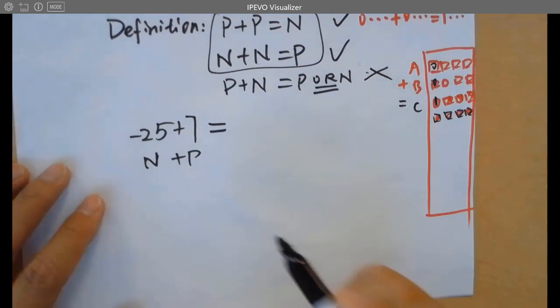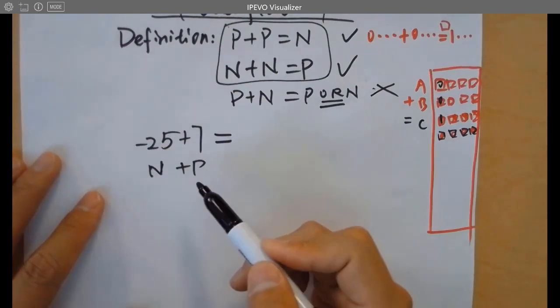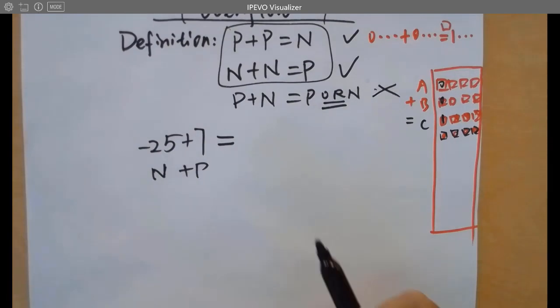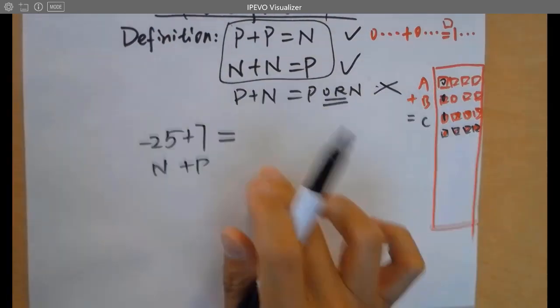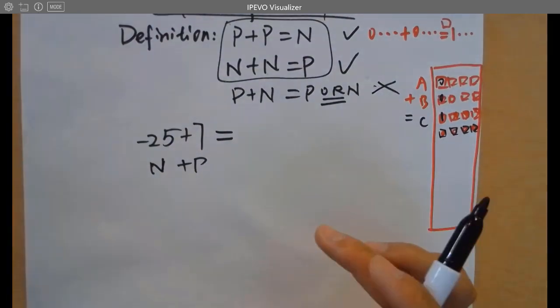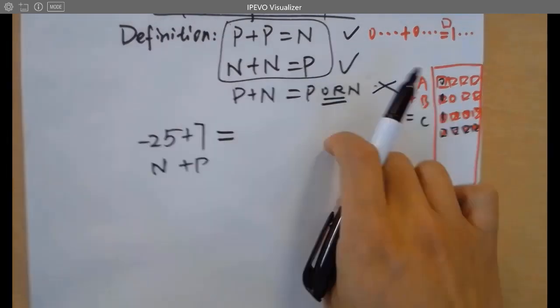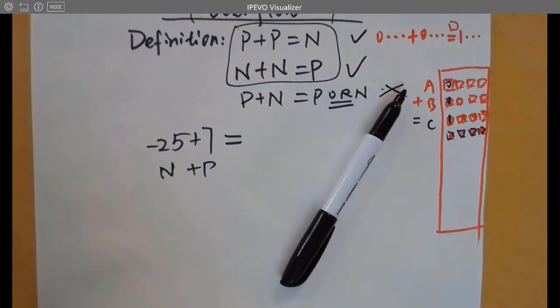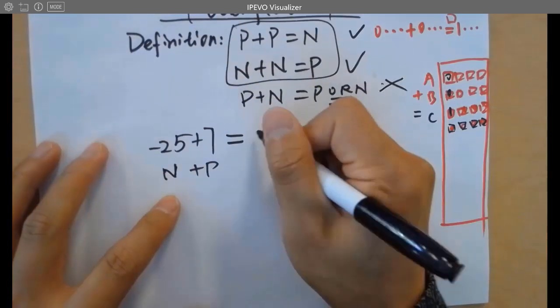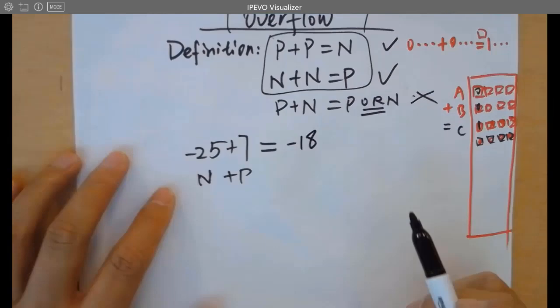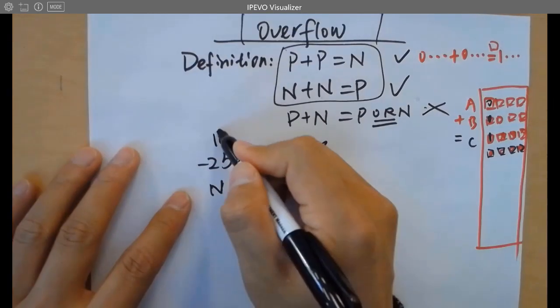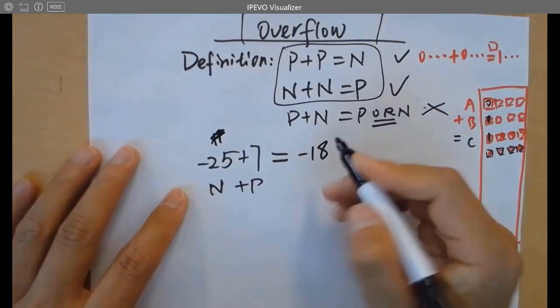So this one, what's the final result for this calculation? In decimal. 18? Yeah. Minus 18. So this is negative plus positive, and you got a negative.